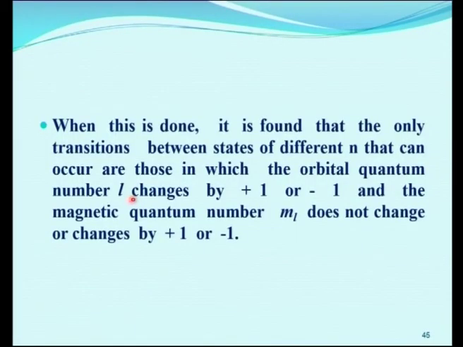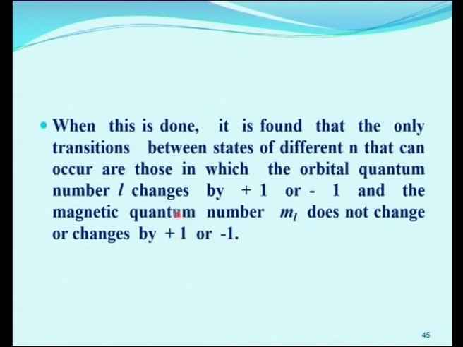When this is done, it is found that the only transitions between states of different n that can occur are those in which the orbital number L changes by +1 or -1, and the magnetic quantum number ML does not change or changes by +1 or -1.